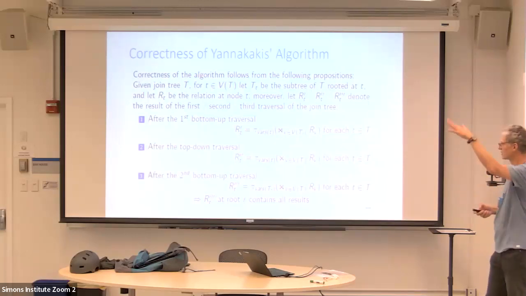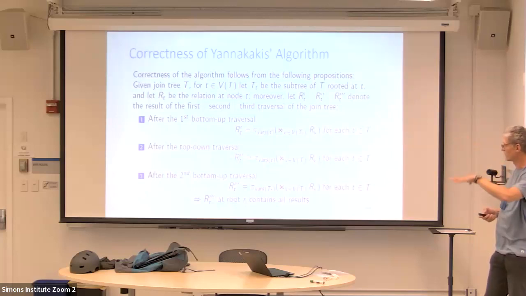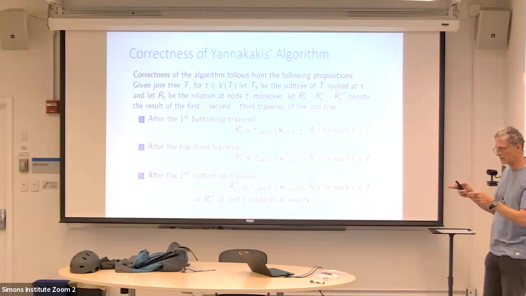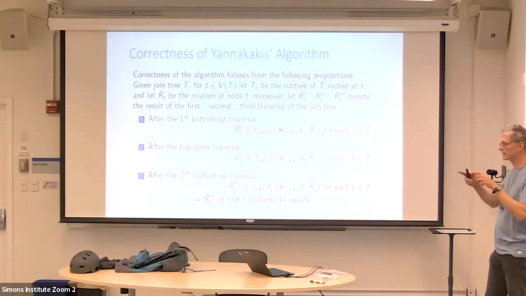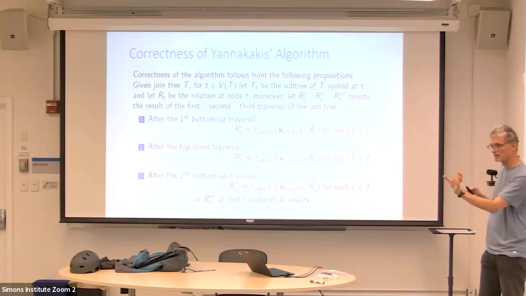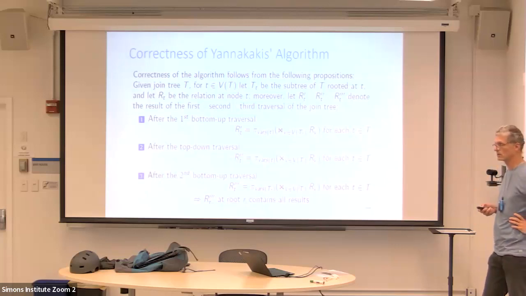After the top-down traversal, the relation that annotates a particular node is exactly the entire join projected to the variables occurring in this node. And in the last step, in this second bottom-up traversal, we compute the joins in a bottom-up manner.